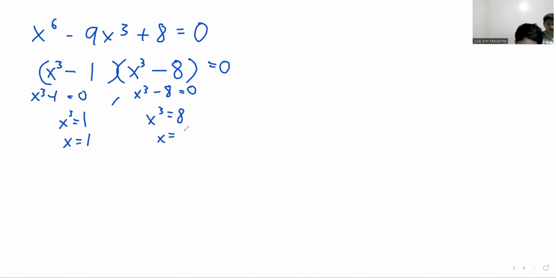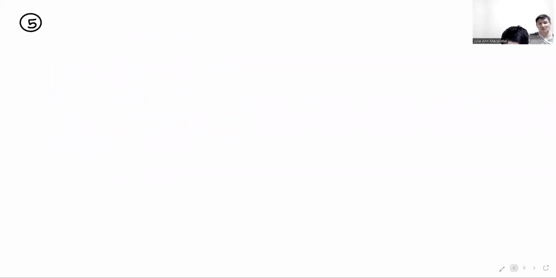Don't do the shortcuts so they can easily follow your solution. And here you should have shown, don't assume that all your viewers are very good mathematicians. That's why they're watching, because they want to learn. Okay, so x equals 1 or 2.